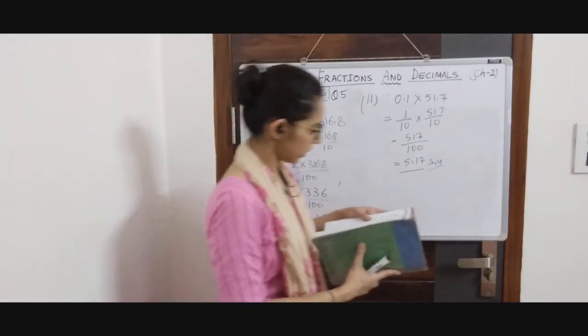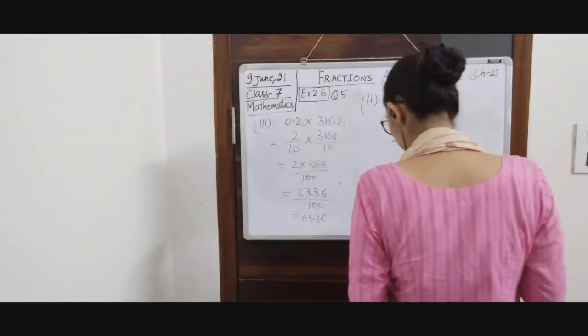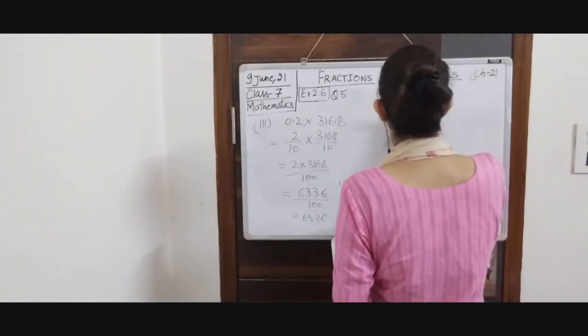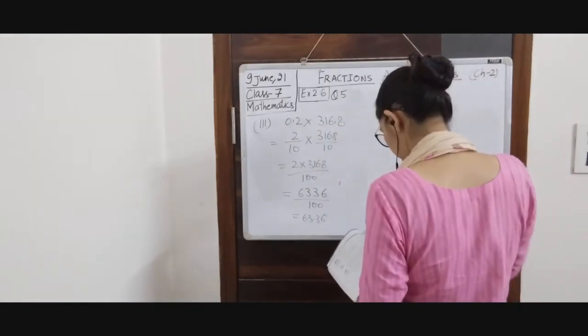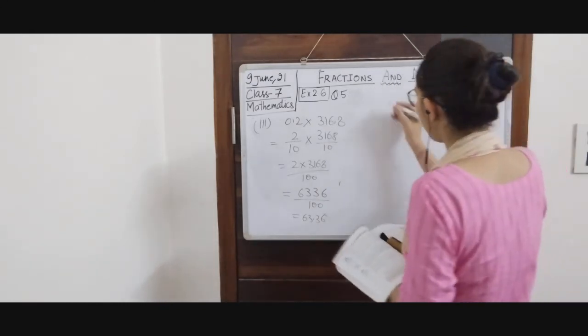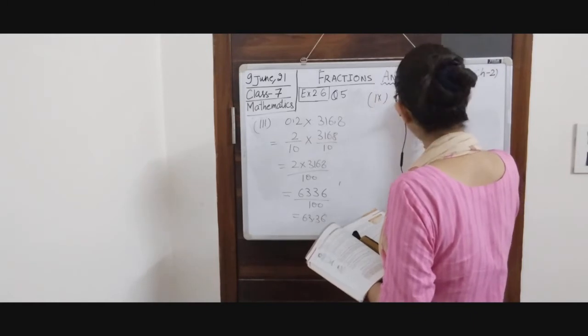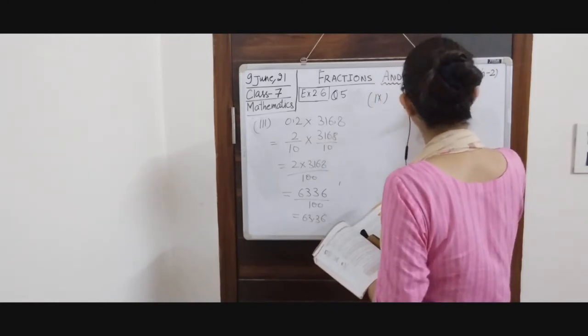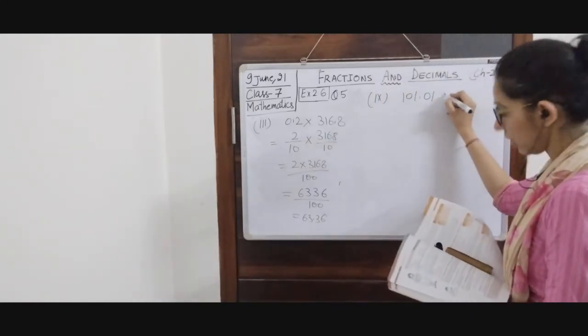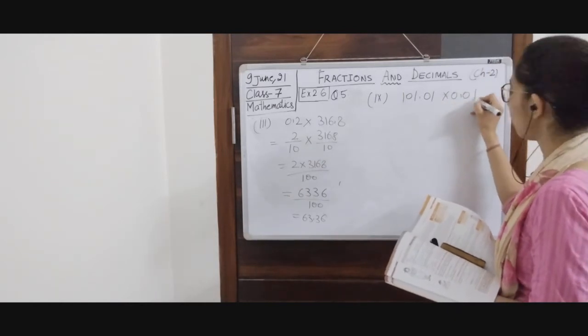Okay. We can do one more part. Suppose we want to do 9th part. Okay. All the parts are the same. Method is also the same. 9th part we have to do 101.01 into 0.01.